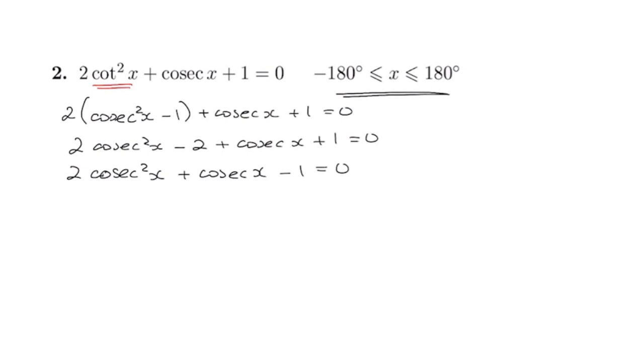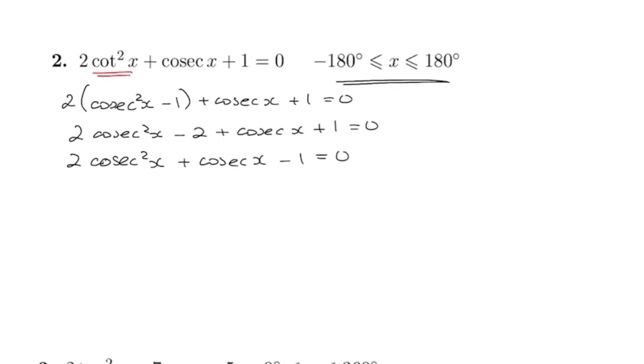And again, get your calculator to solve that for you, to tell you what your values of cosec are. You get that cosec x equals a half, or cosec x equals negative 1.